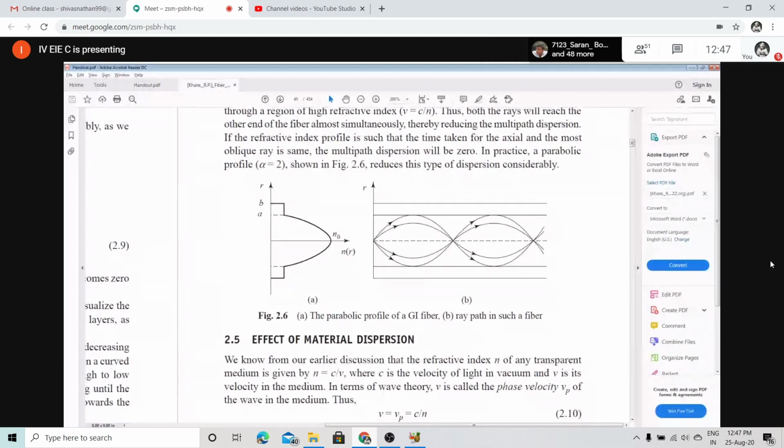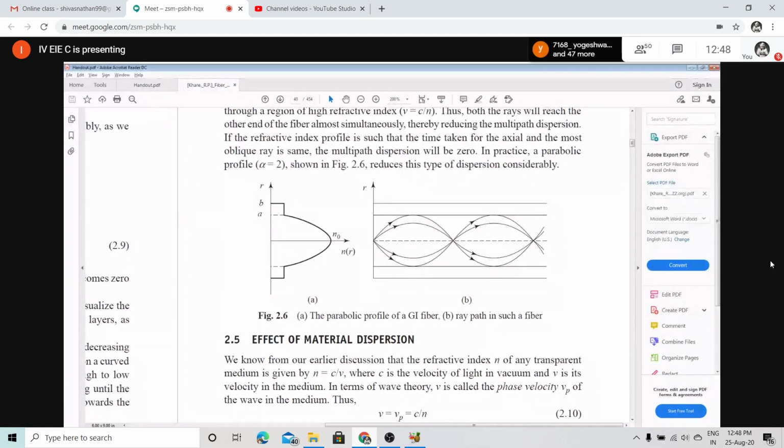We have seen Snell's law, the mathematical expressions in step index fiber and in graded index fiber, how to compare a graded index fiber by understanding a step index fiber, and the difference between step index and graded index fiber. And we have seen the fiber characteristics, mechanical characteristics such as strength, static fatigue and dynamic fatigue.